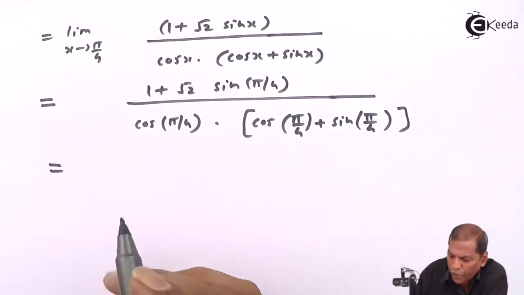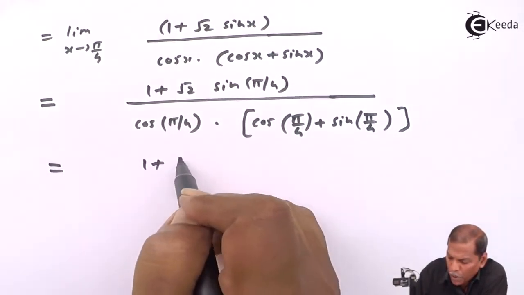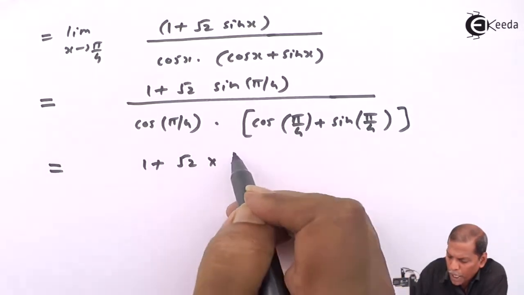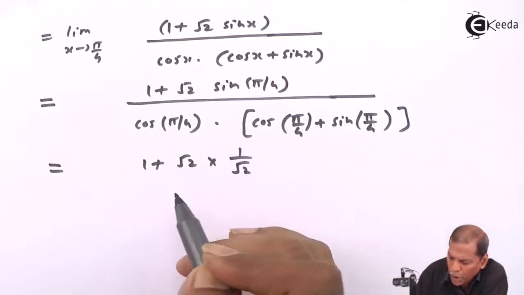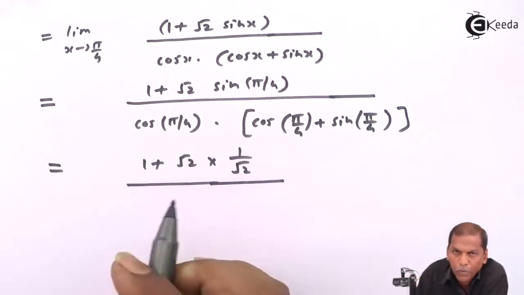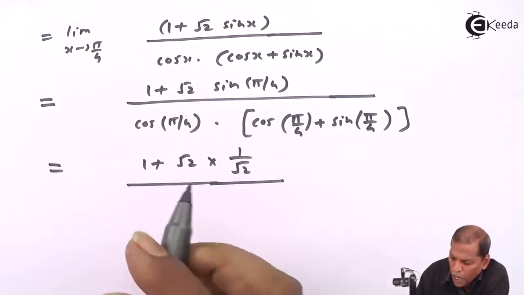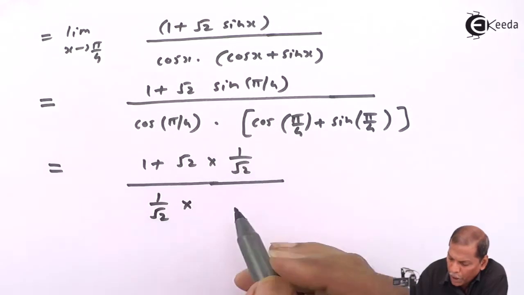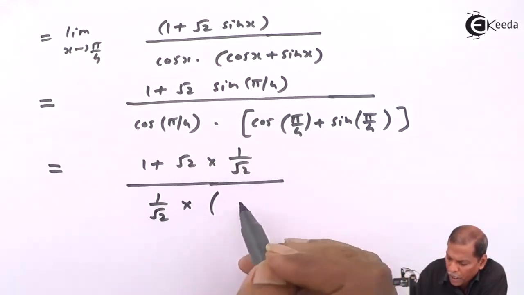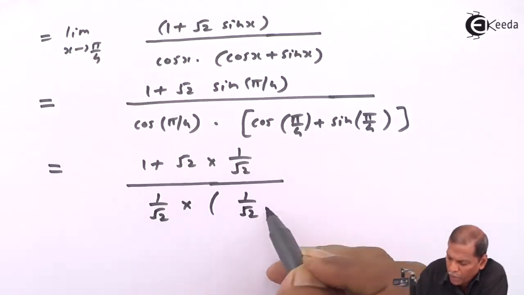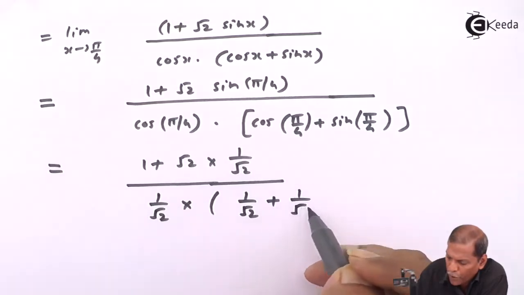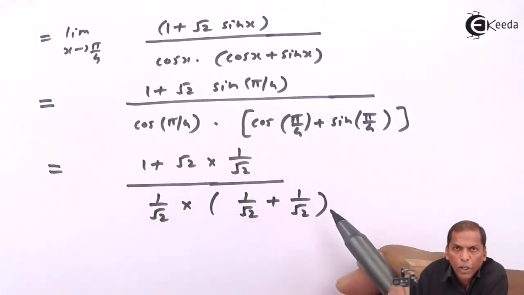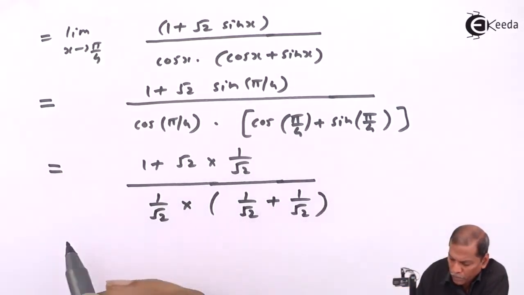The next step will be 1 plus root 2 into, now sine pi by 4 gives value 1 upon root 2, upon cos pi by 4 gives value 1 upon root 2 into, in bracket, again cos 45 gives 1 by root 2 plus sine 45 also gives 1 by root 2.